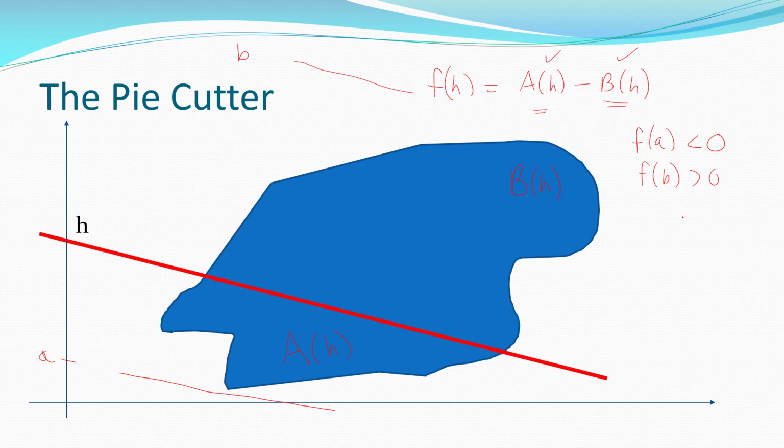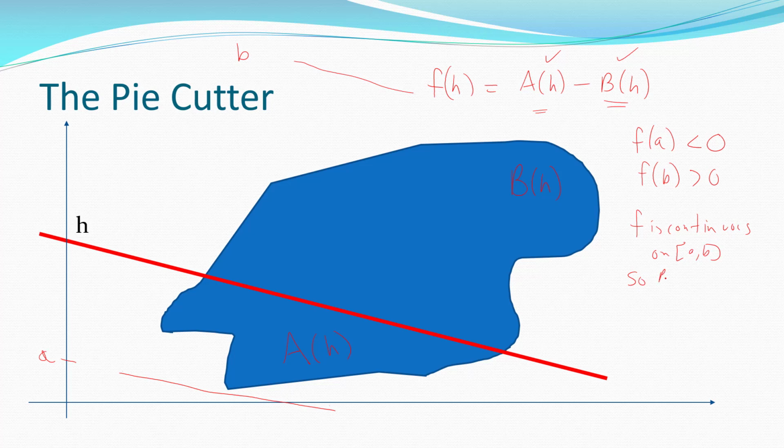So notice that for this function, sometimes it's positive, sometimes it's negative, but we know, or at least we're assuming, that the two area functions are continuous. So their difference is continuous. So f is continuous on the interval from a to b.